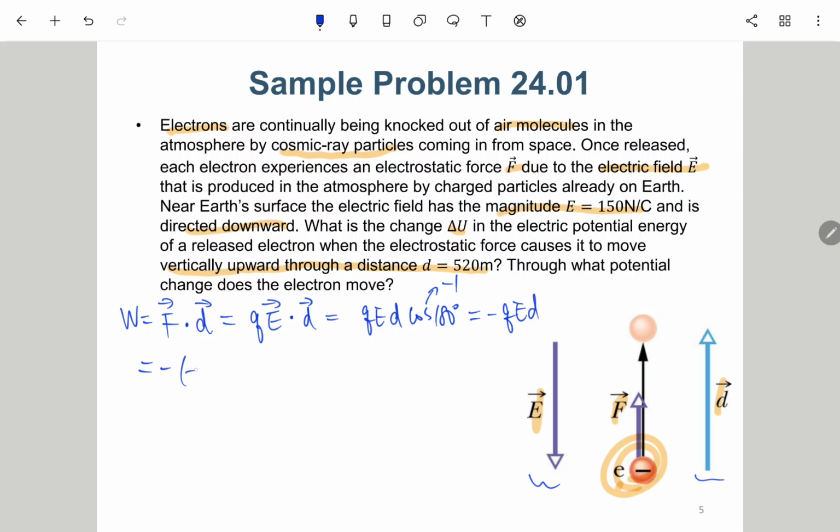Q is -1.6 times 10 to the -19, times E field 150, times d which is 520 meters. So this is nothing but 1.2 times 10 to the -14 joule. This is the work done.